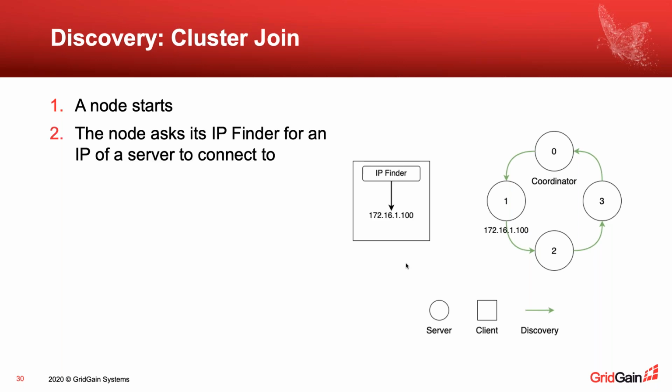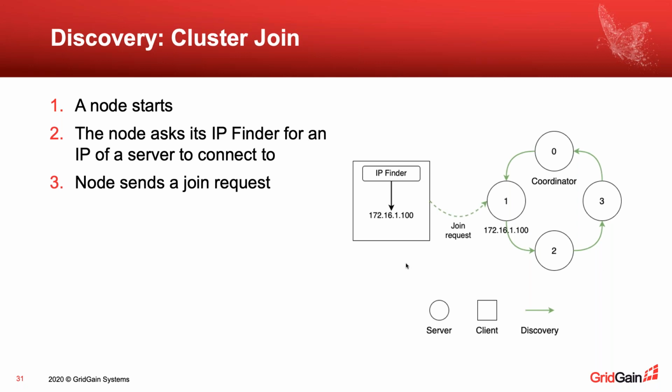What it will do first, it will ask its own IP finder running inside it what it can try to connect to, and the IP finder, any implementation, just yields some addresses. In this case, it gives a single address, which is actually an address of node number 1, and then the client tries to send a join request to this address.